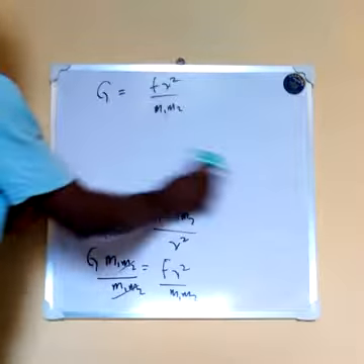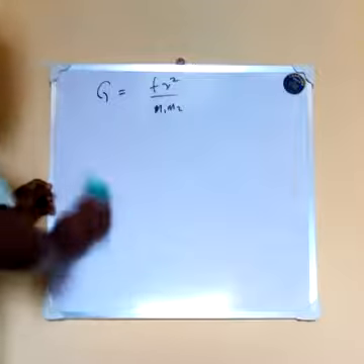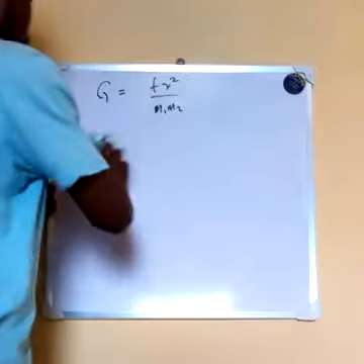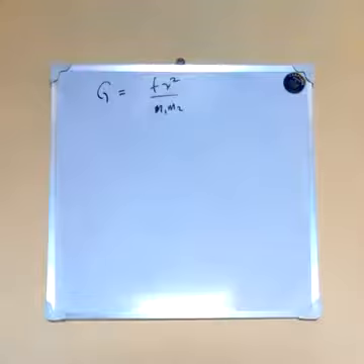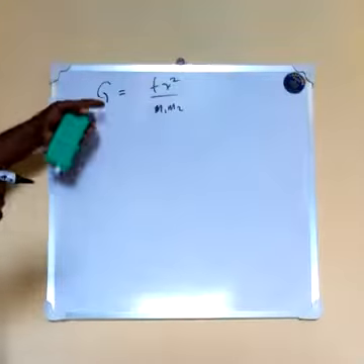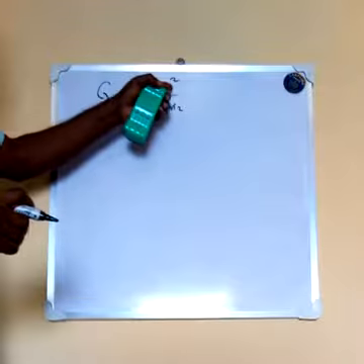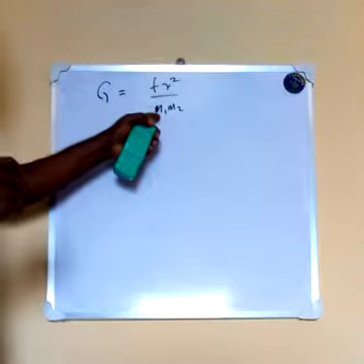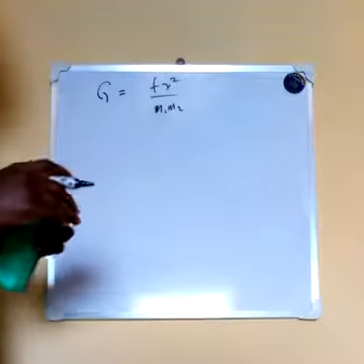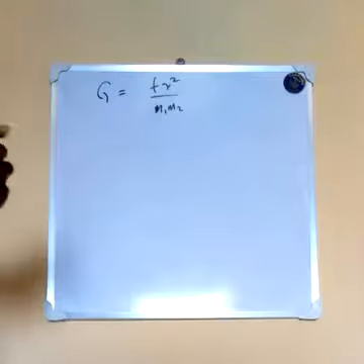So you got the formula now. Because before you can dimension a particular quantity, you must get the formula ready. So the formula for the gravitational constant is force times R squared over M1 times M2.